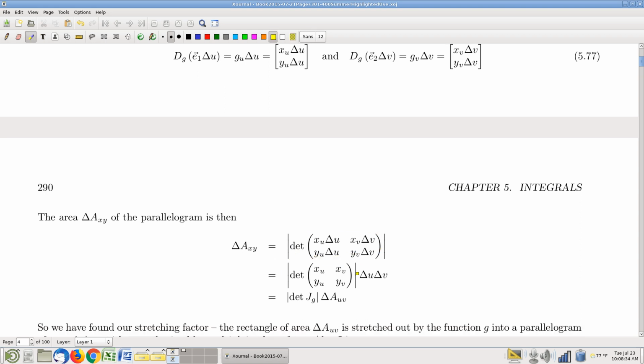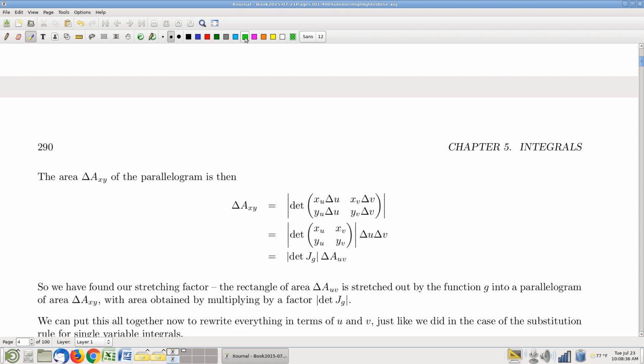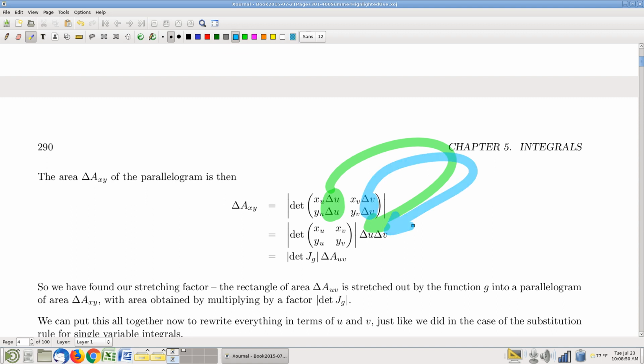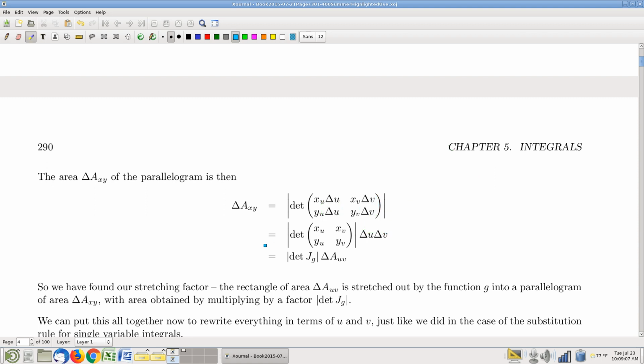Now, where we compute a determinant, you can multiply, etc. I'd like to point out that both of the factors will have a delta U in them, so let's just pull out that delta U. Both of the factors will have a delta V in them, so let's pull out the delta V. If you don't trust me on this, go ahead and multiply that out. Brute force: AD minus BC. What you'll notice is that both terms have a delta U and both terms have a delta V. They just factor right out. And we are kind of done.